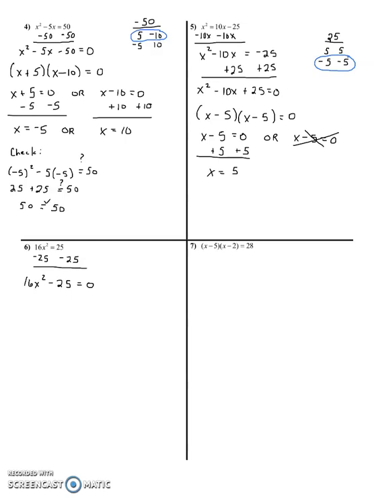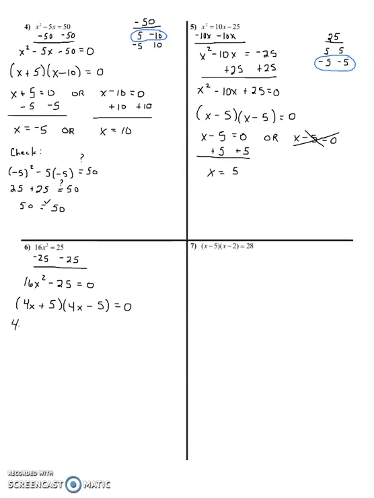This is one of those special products. This is the difference of two squares. So we have 4x plus 5 times 4x minus 5 equals 0.